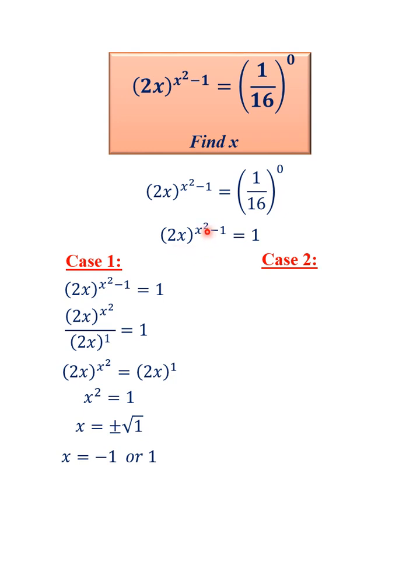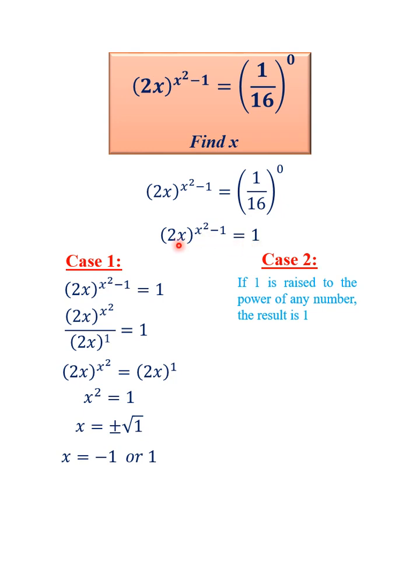Virtually if you raise 1 to the power of anything, the result is also 1. So if this statement is true, then it means 2x equals 1 satisfies this equation.